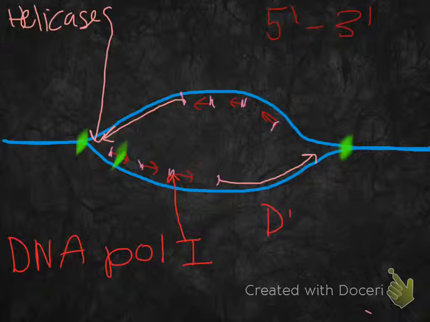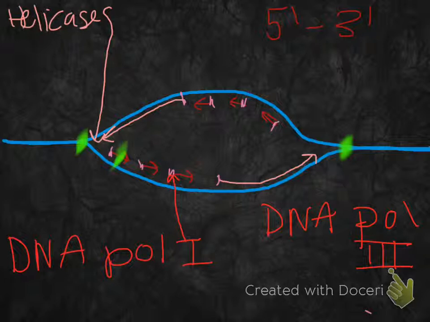Then, its sister, DNA polymerase 3, is going to come in and add more DNA by adding the nucleotides to the 3' end of the DNA strand, or the RNA primer.